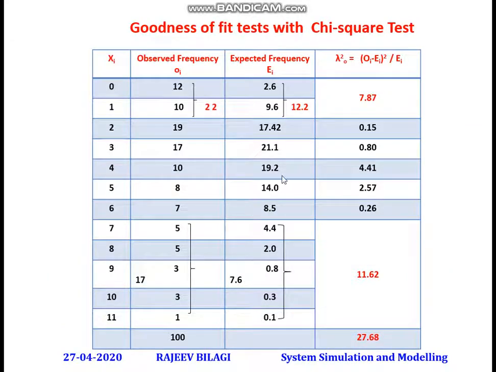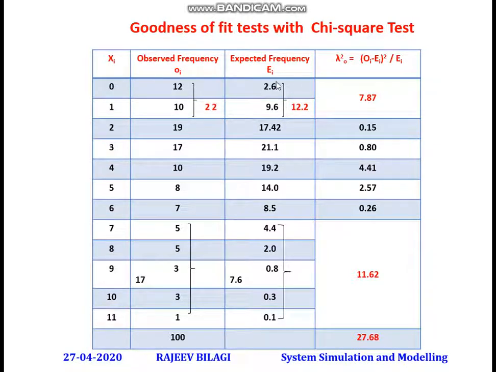Now one more point I told: in the chi-square table, if the value of Ei is greater than 5, no problem. If it is lesser than 5, you have to add it with the adjacent cell only to make it 5. So now I have added these two. It is very important.